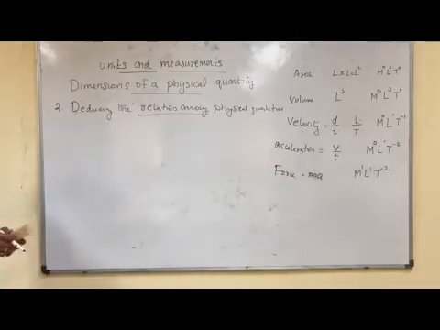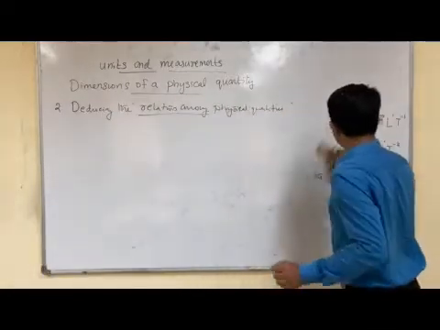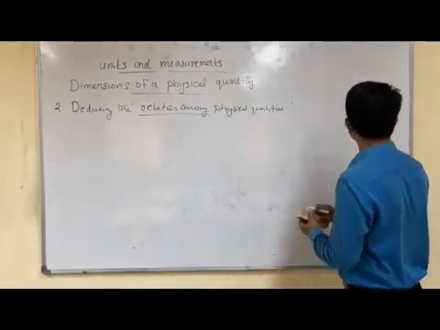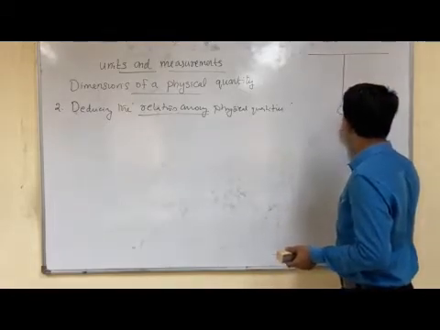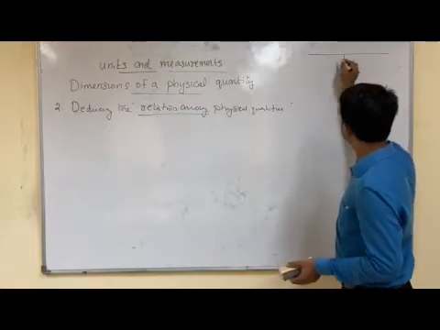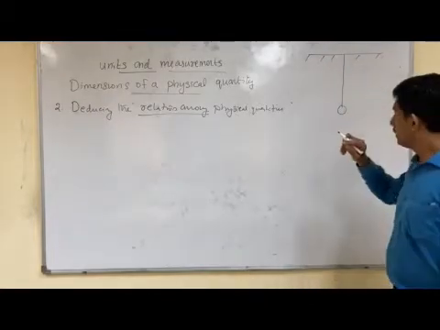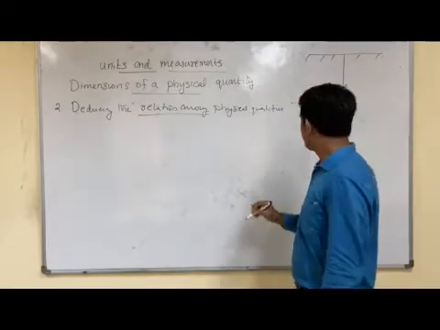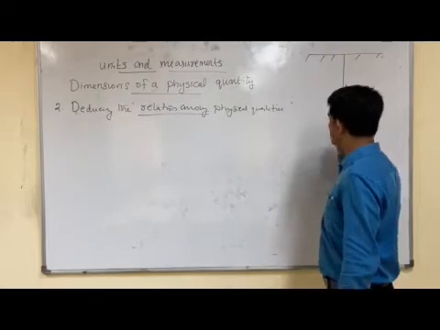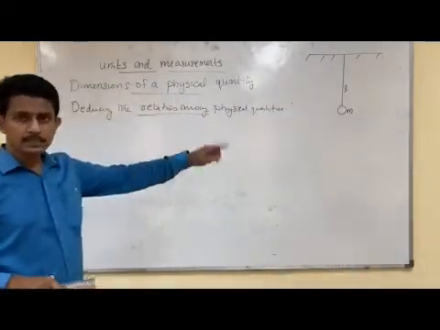Suppose in the case of the oscillation of a simple pendulum, the simple pendulum is performing simple harmonic motion. L is the length of this pendulum, M is the mass of the bob, and g is the acceleration due to gravity.